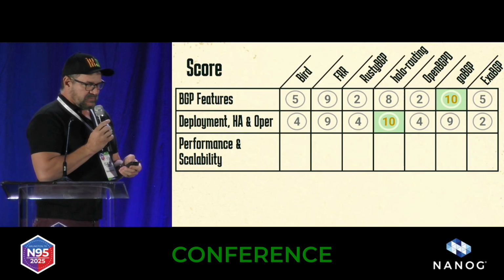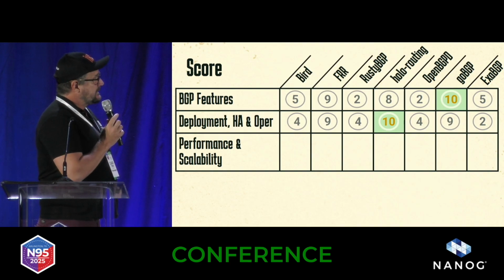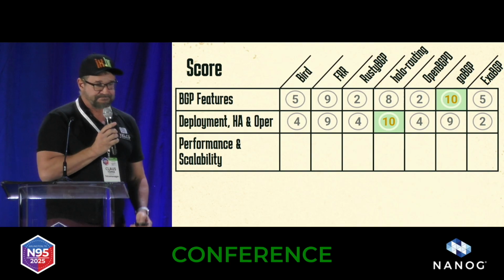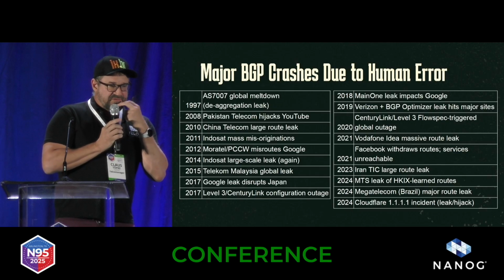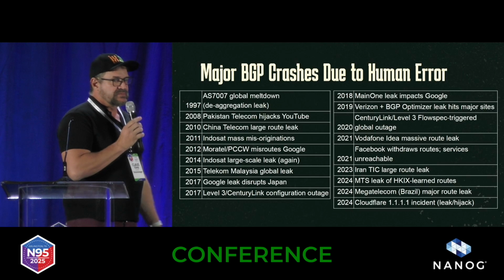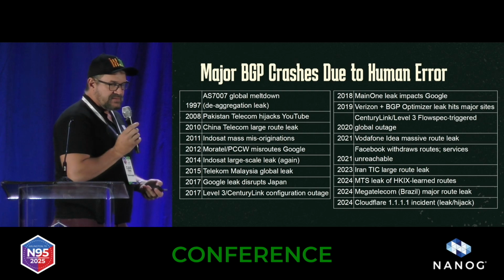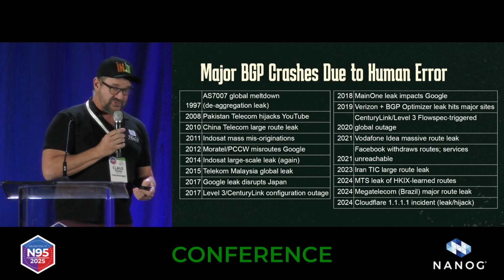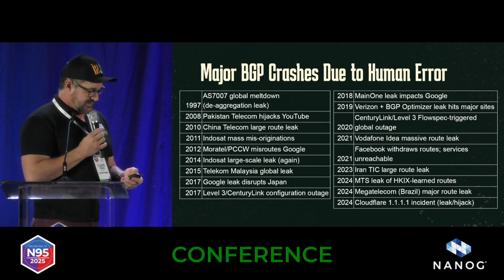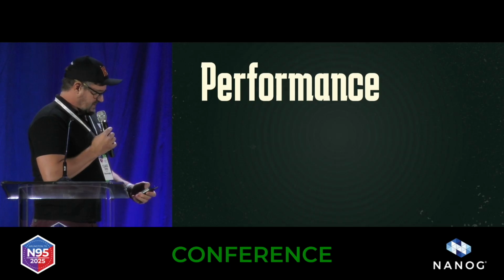For those, I put the points here, with Holo-Routing getting 10, and FRR second. And those are the list of the major crashes caused by humans, which means we need to make daemons intelligent and run some sort of automation to avoid those kinds of things. And choosing BGP might be the way to go.